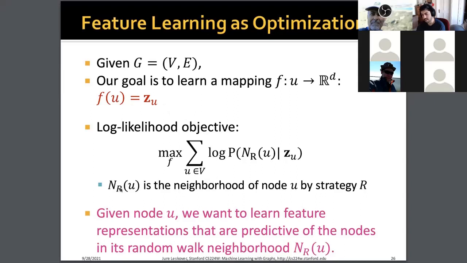And then, like I was mentioning, N_R of U is the neighborhood of U by strategy R. So the way I read that is N_R of U is the nodes that you will hit given that you start at U doing random walks. So you do a bunch of random walks and you see, okay, we hit V various times, we hit J various times, we hit various different nodes. And what we're trying to do is set it up so that the embedding of U makes it so that the embeddings of these close by ones end up close to it in the embedding space as well.